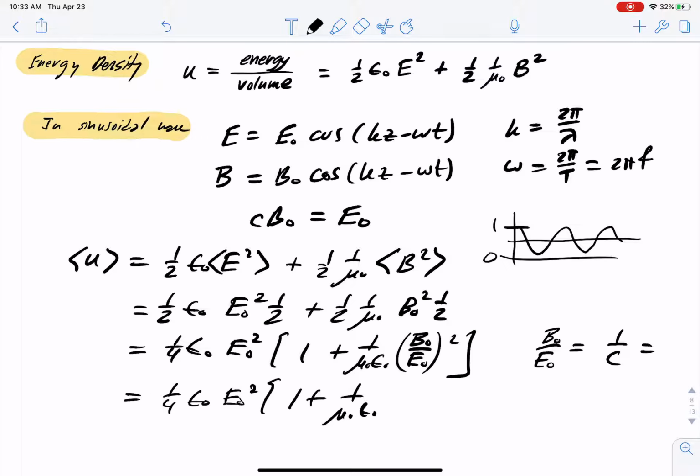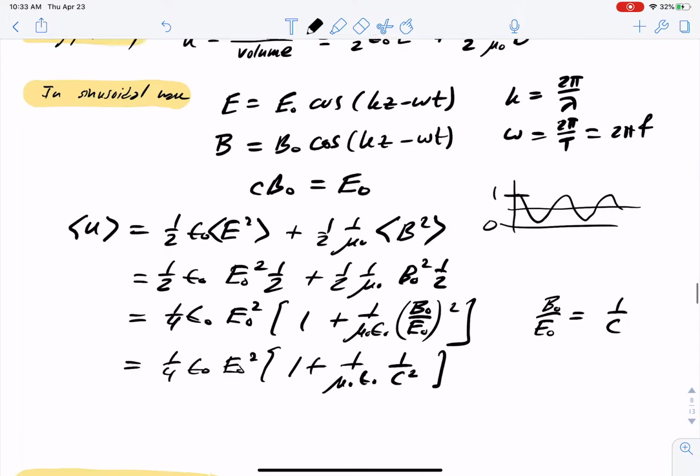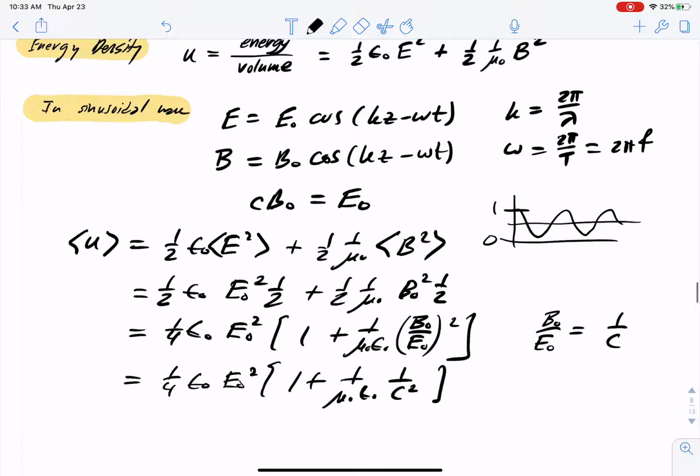But let's do it later. If you remember, c was actually 1 over the root of that. So that means that 1 over c squared is mu naught epsilon naught. So all of this is just 1.